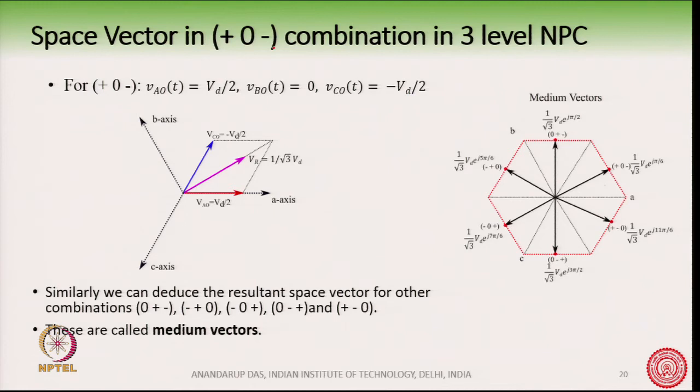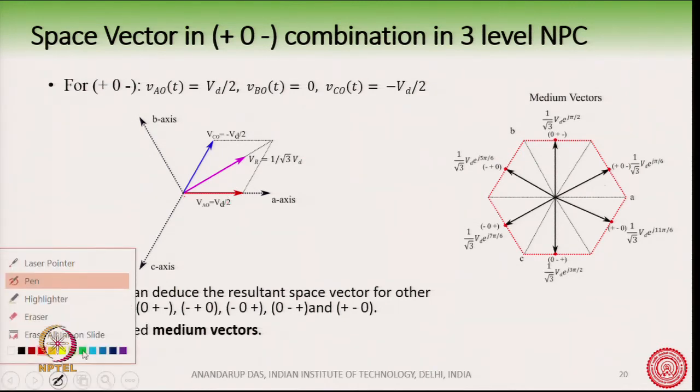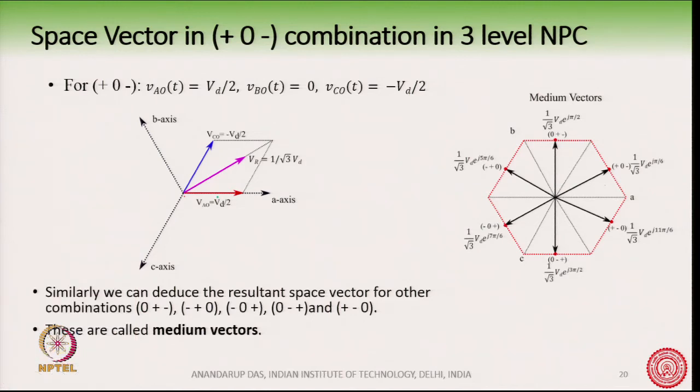If I take a plus 0 minus combination, I can then draw the resultant. So, plus 0 minus means on the A axis, let me take a different color. On the A axis this is Vd by 2, because it is plus on the A axis. So, Va2 is Vd by 2.